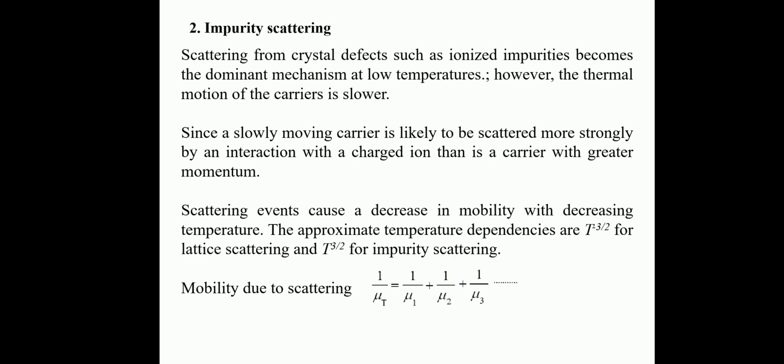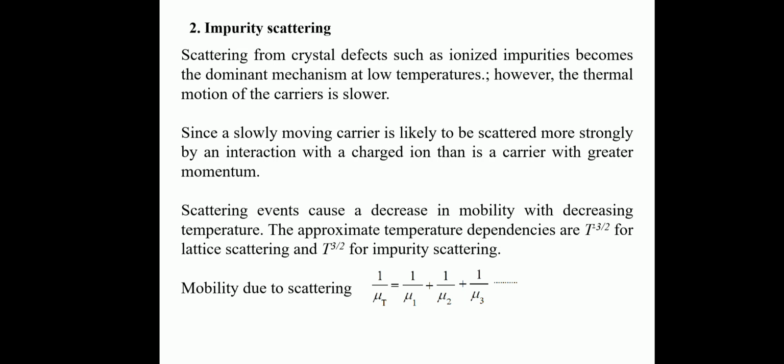At low temperature the predominant mechanism is impurity scattering, so the mobility decreases, and at high temperature the predominant mechanism is lattice scattering, which also decreases the mobility.